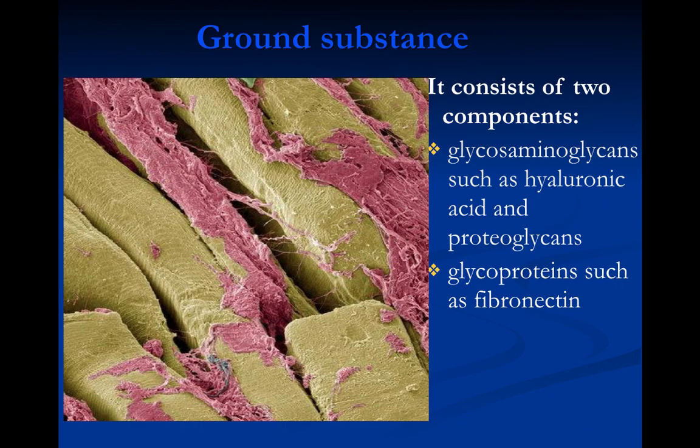About ground substance, it consists of two components: glycosaminoglycans such as hyaluronic acid and proteoglycans, and glycoproteins such as fibronectin.